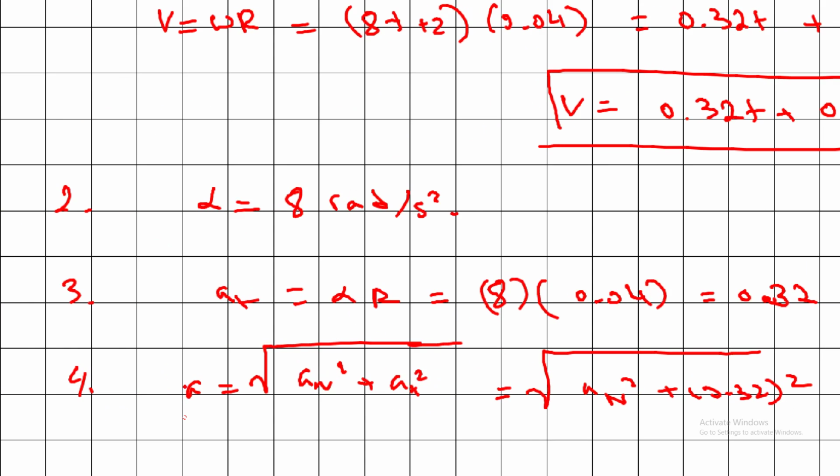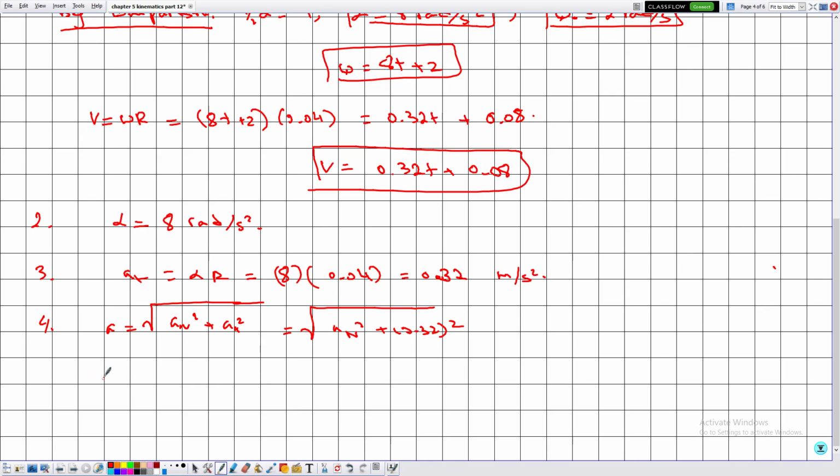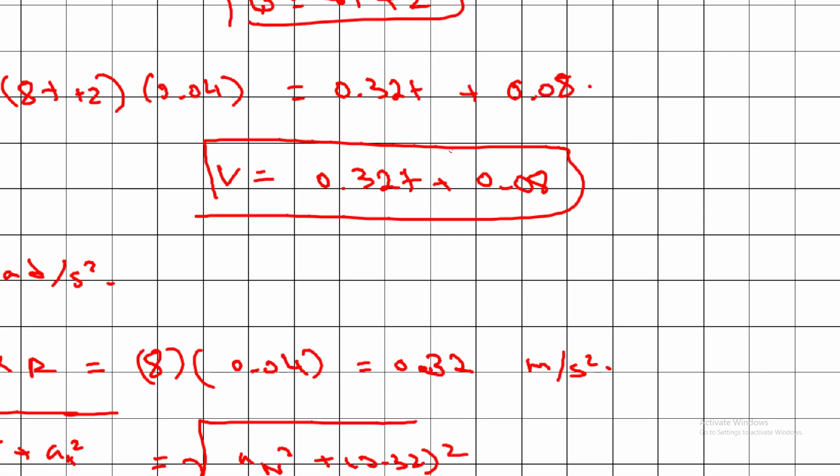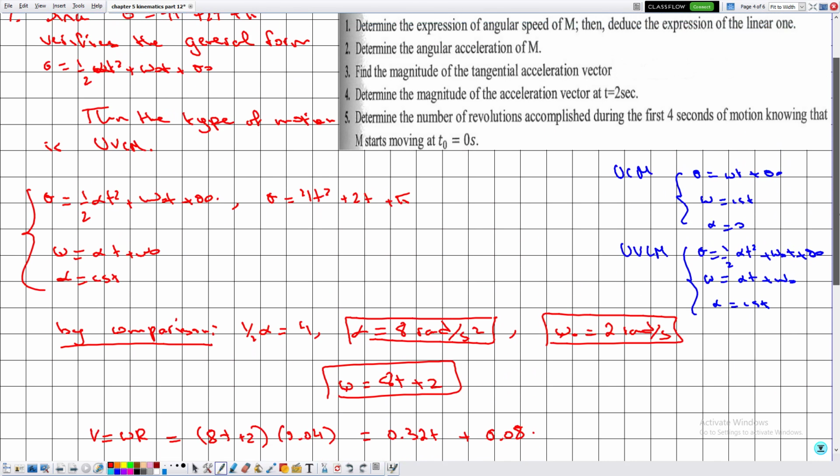In order to determine the value of a, we need to determine the value of an. Notice that an is given by v square over r, in which the value of v depends on time. So v is equal to 0.32t plus 0.08. We are interested in determining v at the instant t is equal to 2 seconds.